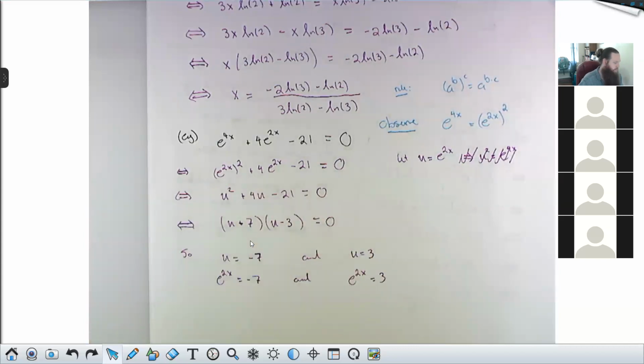I guess I should be saying or here, right? These are the solutions. To solve each of these equations, I would take the natural log of both sides.